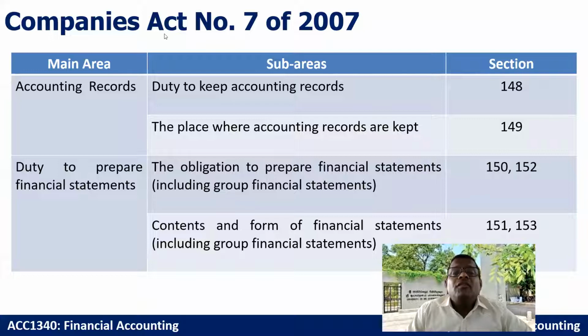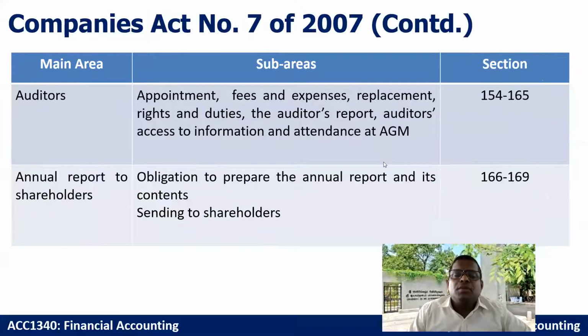So for financial accounting, 148, 149, 150, 152, 151, 153 are important. And for auditors, with regard to the auditing of financial statements, 154 and 169, and for the annual report to shareholders, sections 166 and 169 are important. Is it clear? That's okay.